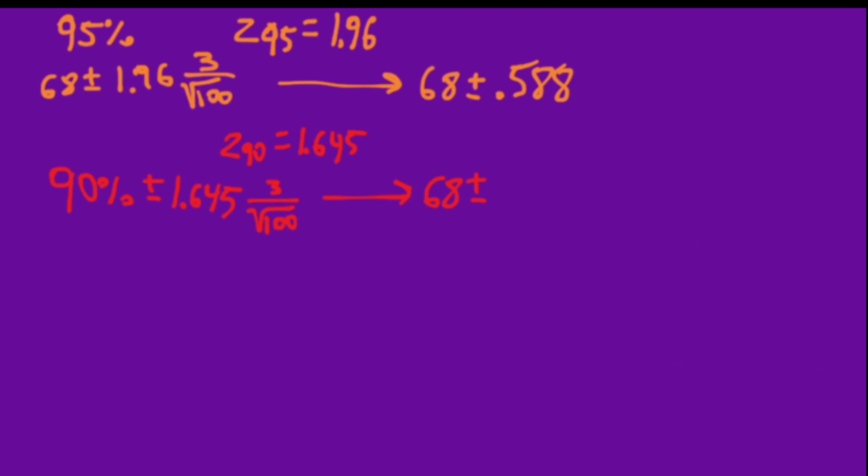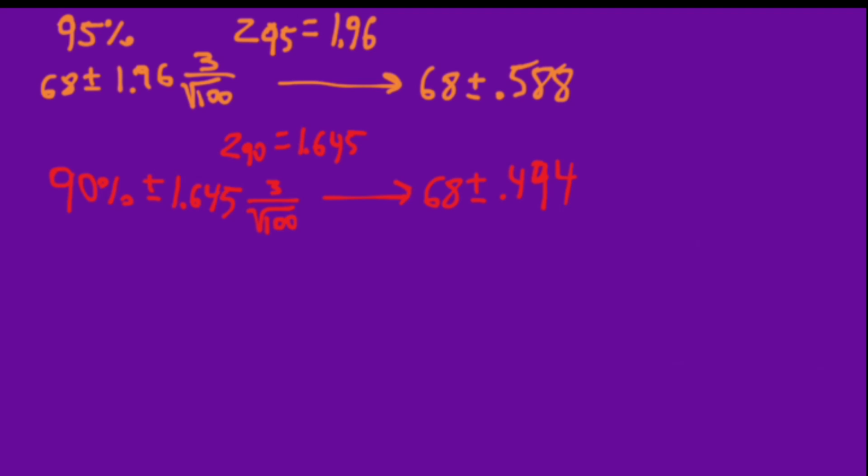So when we build this 90% confidence interval, it's going to have a smaller window. It's a more precise statement, but we're less confident about it. So this becomes plus or minus 0.494, if we want to keep it in the same units.